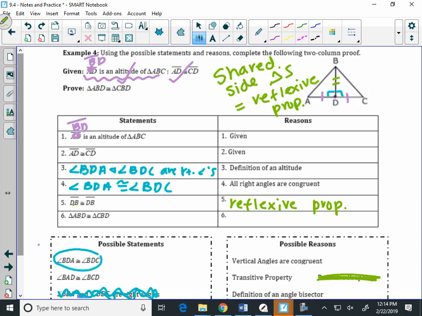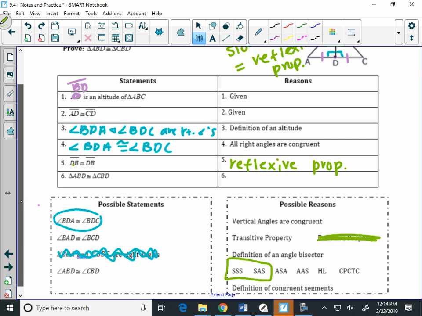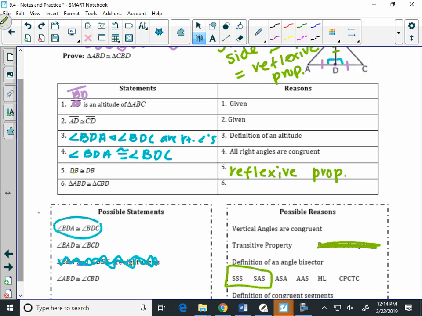So now, because we marked our diagram, we know which reason to use. And we only know two reasons right now. It's either one of these two: side, side, side, or side, angle, side. So did we mark 3 sides congruent, or did we mark 2 sides with an angle in between? 2 sides with an angle in between.